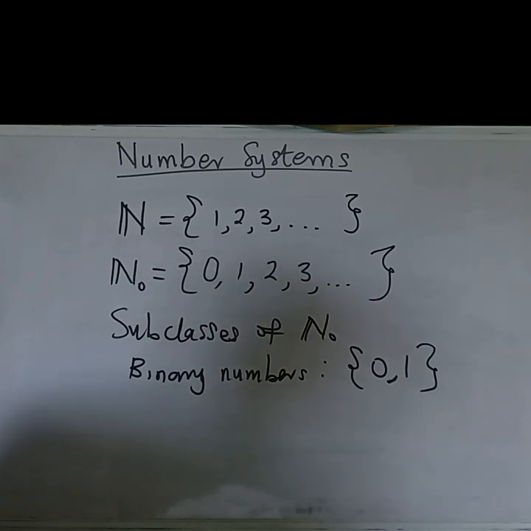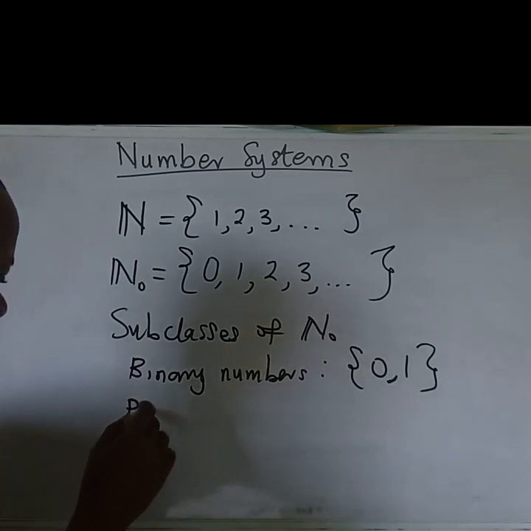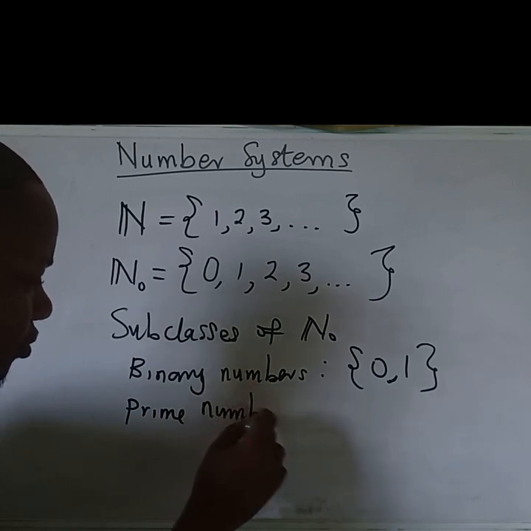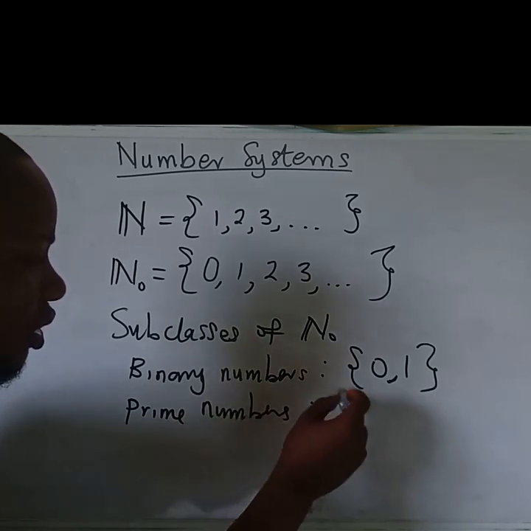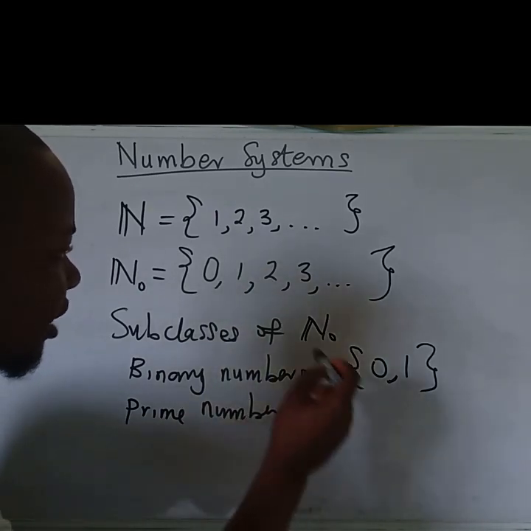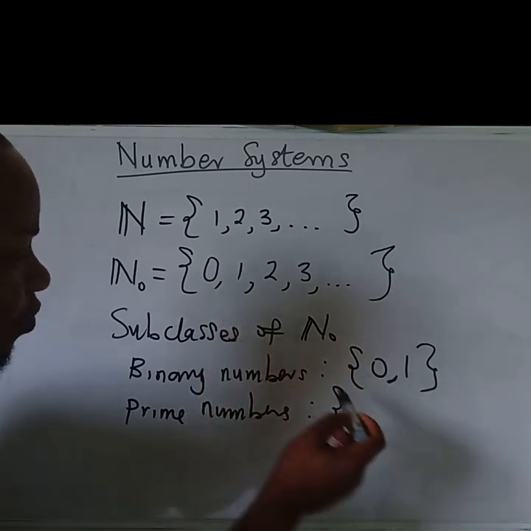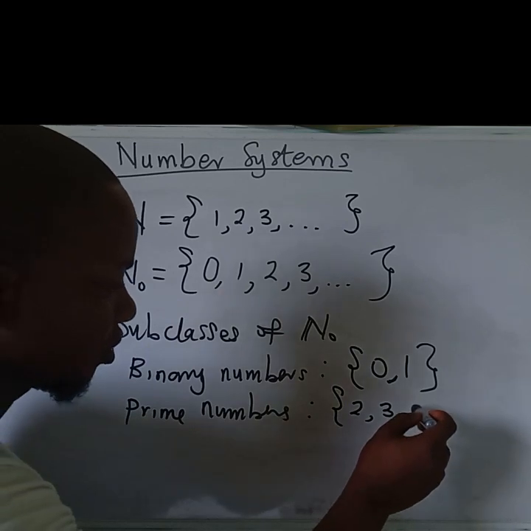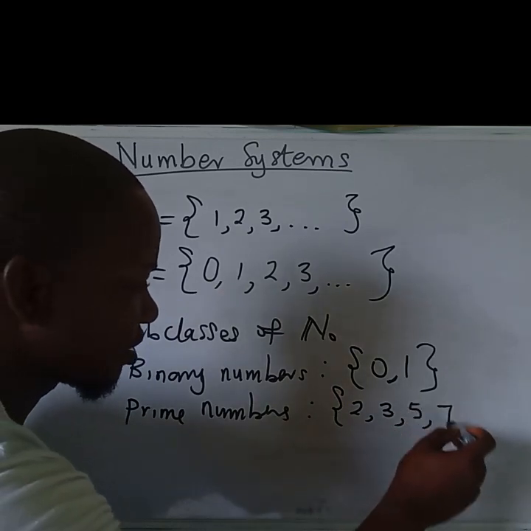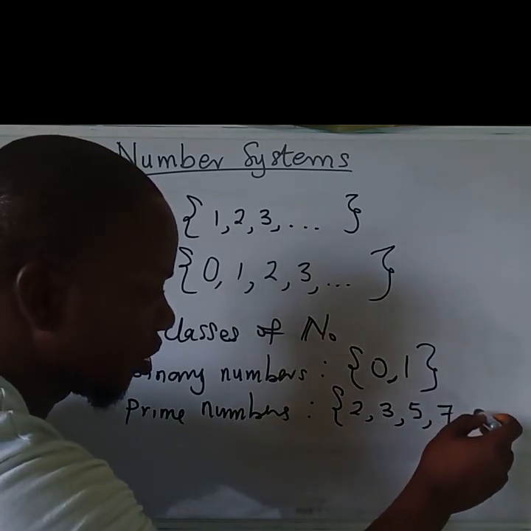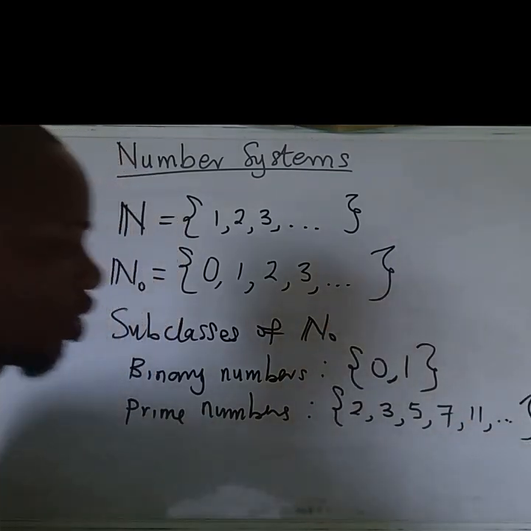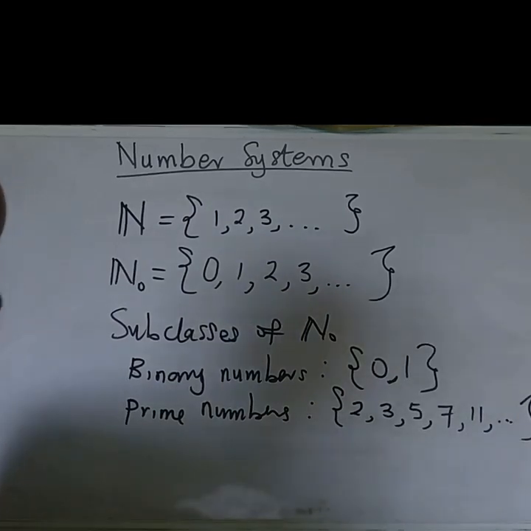Okay, so another type of number that we have in this set is what is referred to as the prime numbers. Prime numbers, that is after the first two binary, the numbers 2, 3, 5, 7, 11, and so on, up to positive infinity.